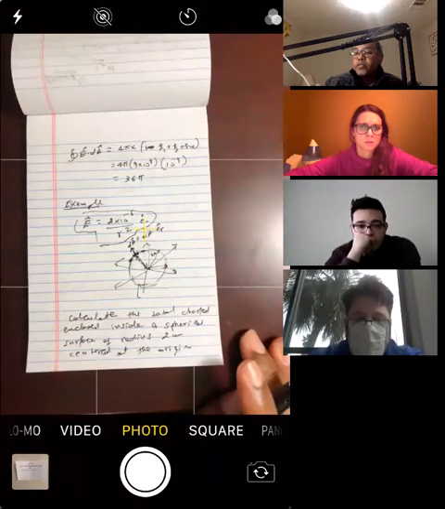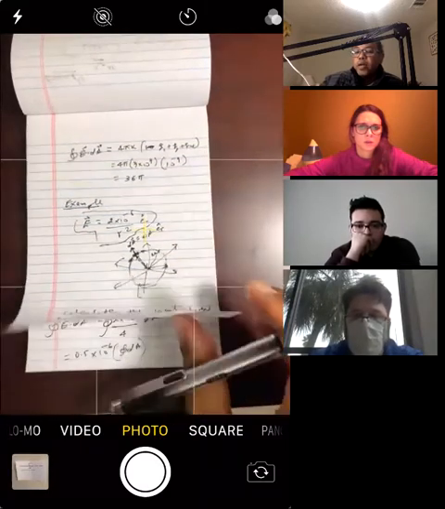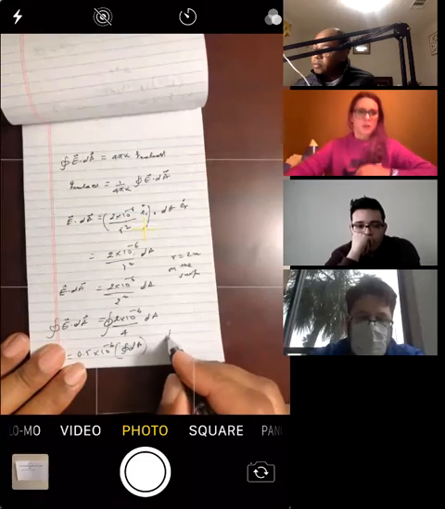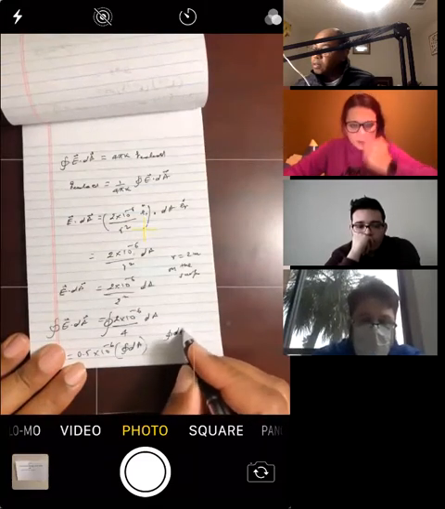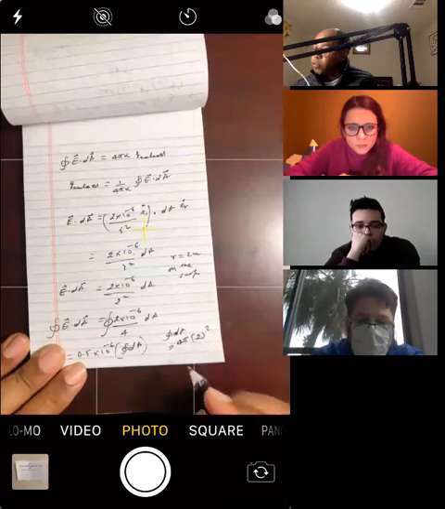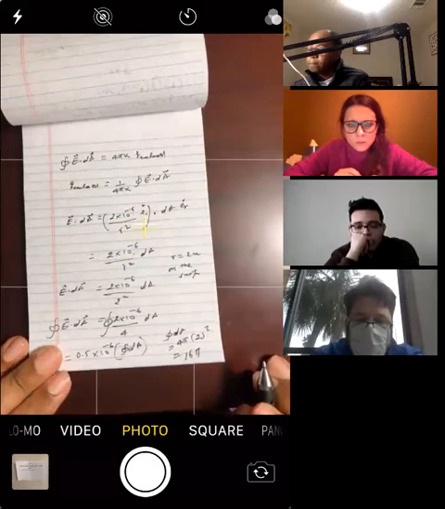And that is the surface area of a sphere. What is the surface area of a sphere? 4 pi r squared. Yeah. So the integral of dA is simply 4 pi times the radius squared. So this is 4 times 4, that's going to be 16 pi.